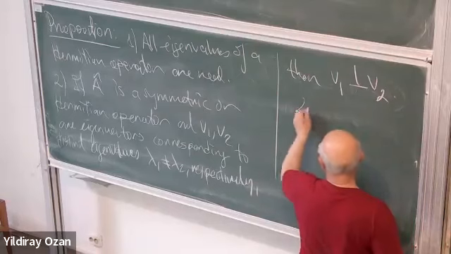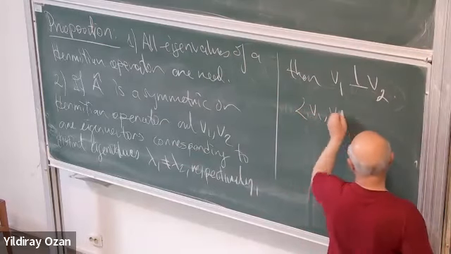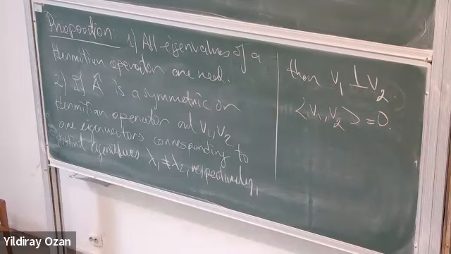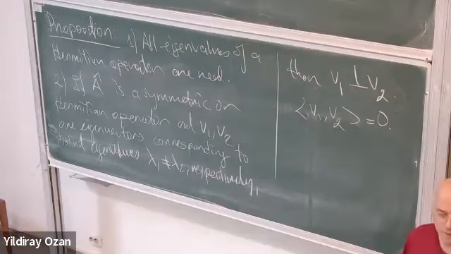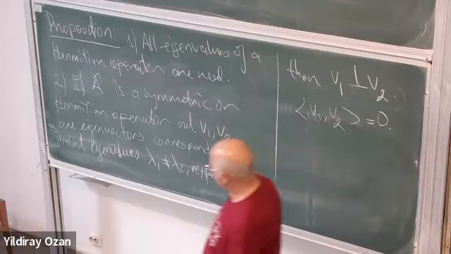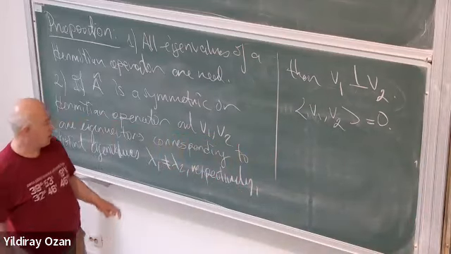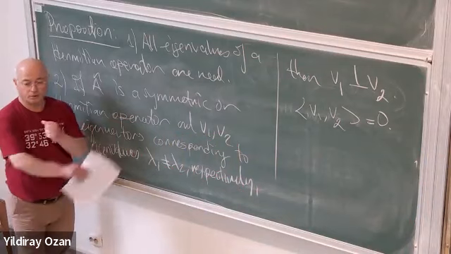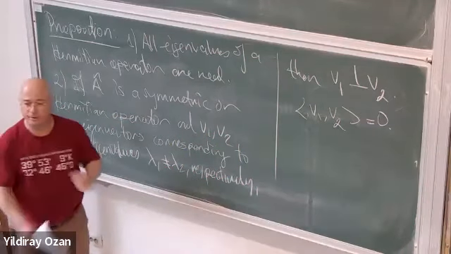So the inner product of v1 and v2 is 0. Okay? That's a very strong statement. If you have two eigenvectors, if they correspond to different eigenvalues, then they have to be perpendicular to each other with respect to the inner product.